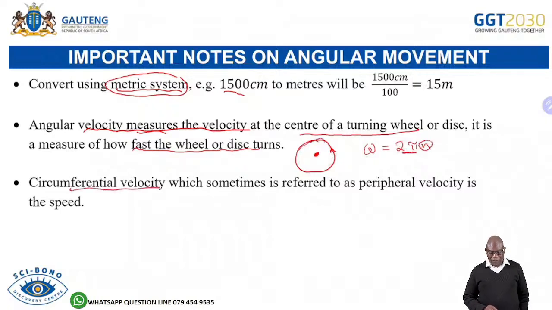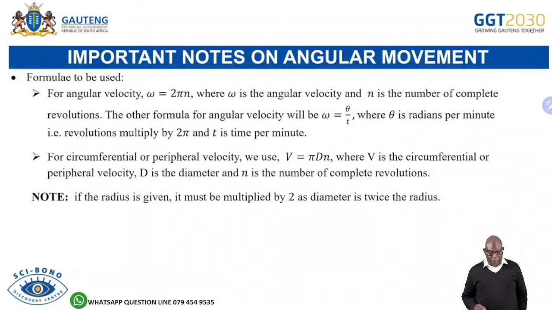The circumferential velocity is the speed at which this wheel is moving. The formula for the angular velocity I have already talked about. The other formula is this one, so we must also know it. It is not in the formula sheet.